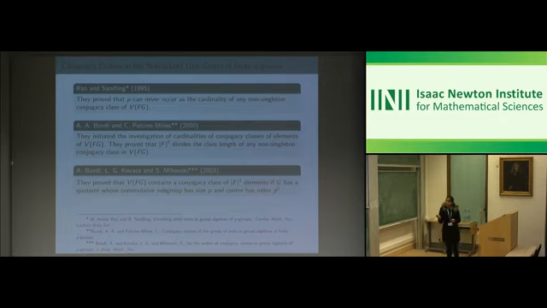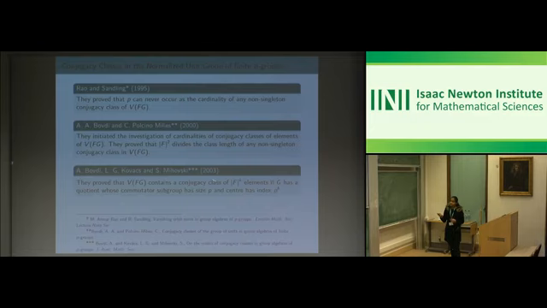The first result in this direction was that there exists no conjugacy class in VFG, where G is a finite P group, which has size P. Then this was modified by the authors in this paper, and the result says that the square of the size of the field is the lower bound for the size of any non-trivial conjugacy class.